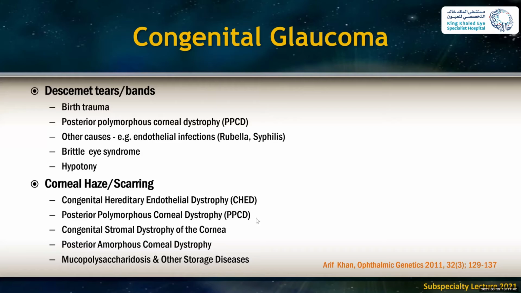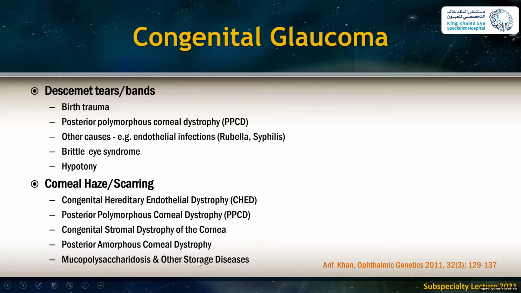Posterior polymorphous corneal dystrophy again, and with congenital hereditary dystrophy, yes, the cornea really resembles, to some extent, the cornea of congenital glaucoma, but the other signs of congenital glaucoma are lacking. Also, this haziness or thick cornea has its particular features compared to the one in congenital glaucoma. Congenital stromal dystrophy, posterior amorphous, I haven't seen such things, but it can be, this is what has been reported.